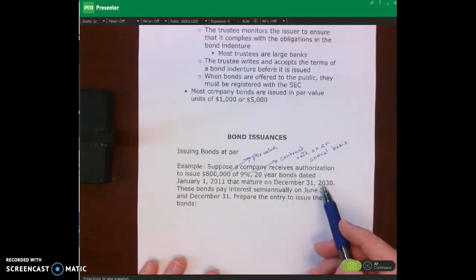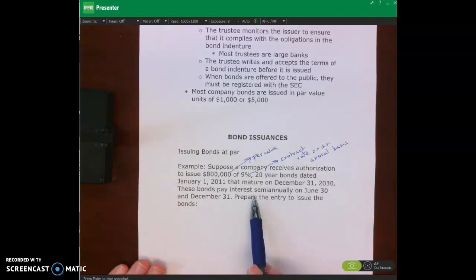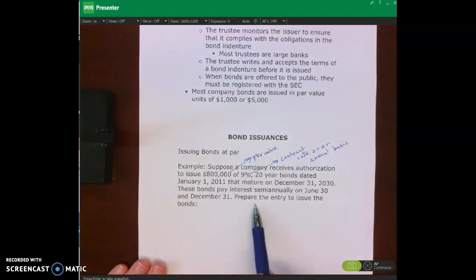This is the maturity date. The bonds pay interest semi-annually, so every 6 months, on June 30th and December 31st. Prepare the journal entry to issue the bonds.